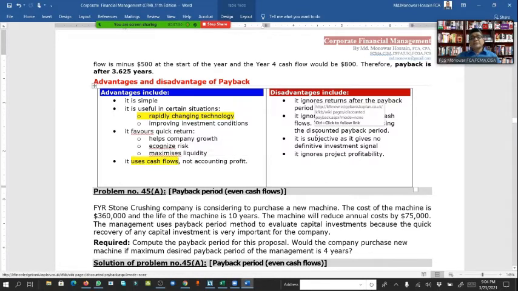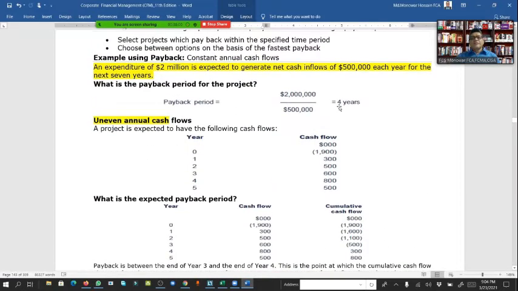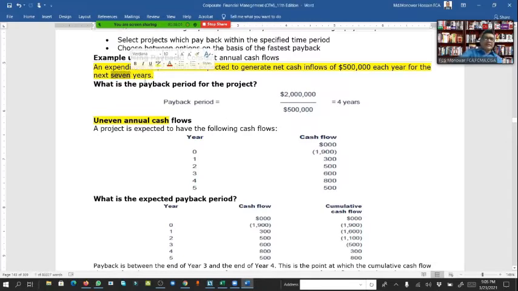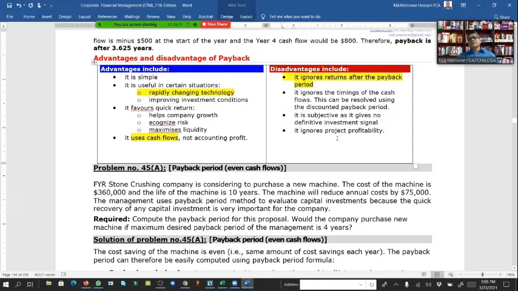But we have the negative side also. It ignores returns after the payback period. For example, what we have seen here is a 4-year payback period, but the life is 7 years. So we have other cash-generating years also, but it does not consider those. It ignores returns after the payback period, and it ignores the timing of cash flow.